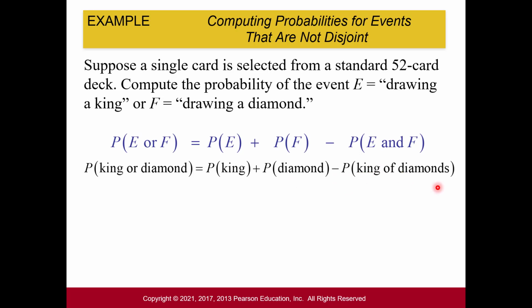So 4 out of 52 gives us the kings, 13 out of the 52 cards are diamonds, and out of all 52 cards, only one of them is the king of diamonds. So we get a probability of drawing a king or a diamond of 4 out of 13.